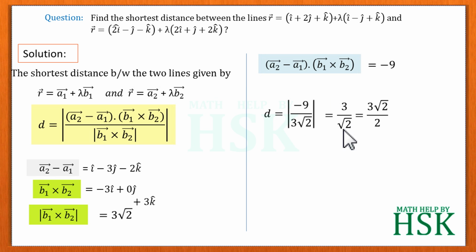We generally do not keep the denominator irrational, so this can be written as 3√2 upon 2. So the shortest distance between the two lines is equal to 3√2/2 units, which is the required answer.